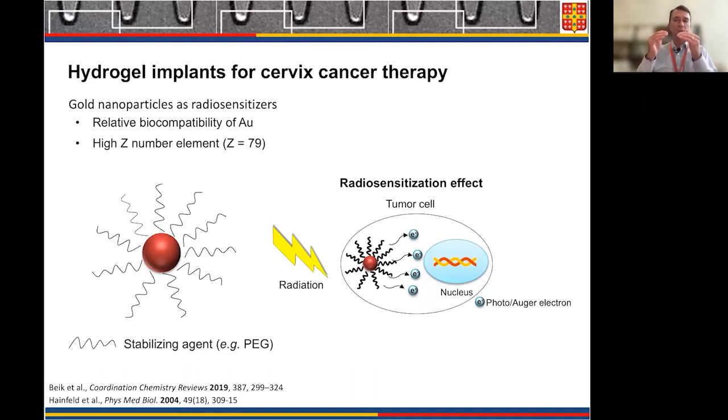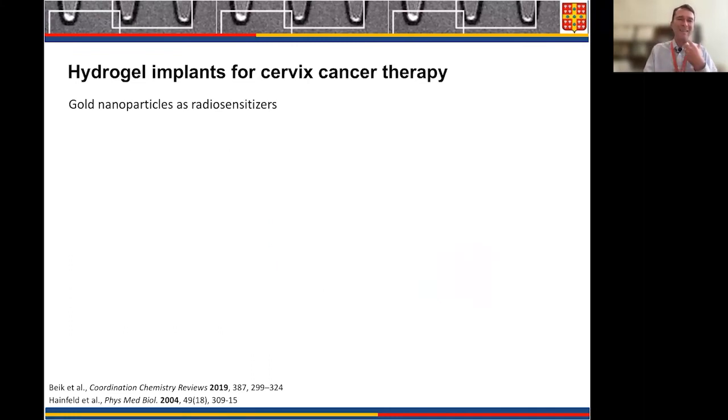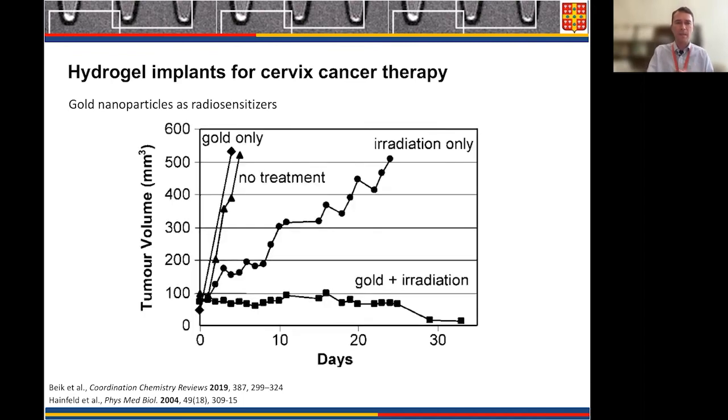You need to let the gold nanoparticles enter the cells. They need to integrate the cells, and at that precise moment, then you can administer the radiotherapy treatment. So nanoparticle administration and nanoparticle elution is a critical aspect of that technology.